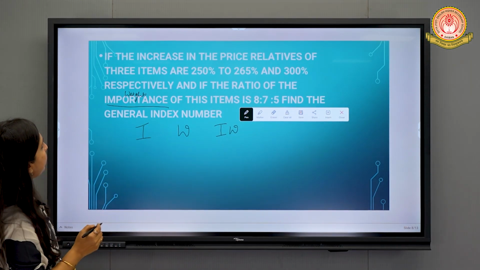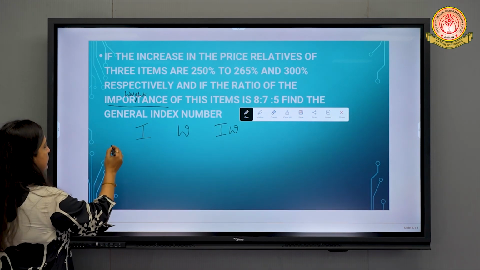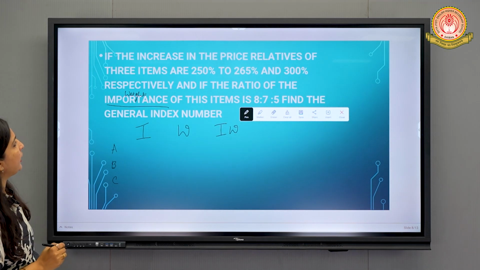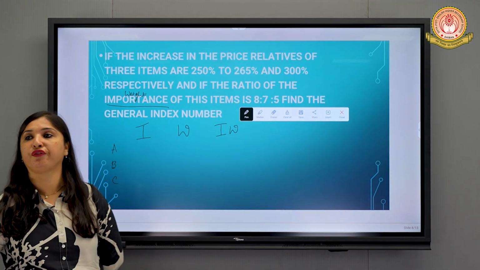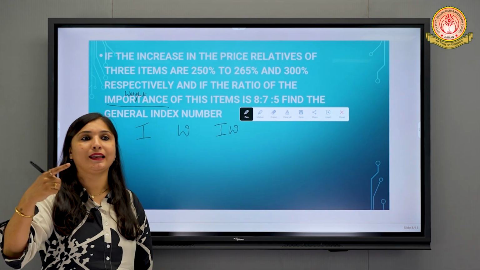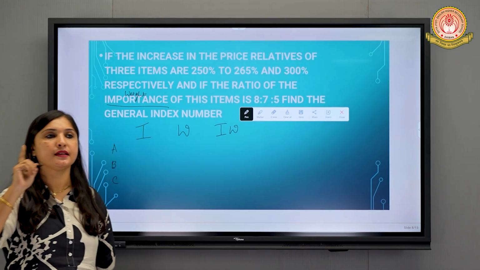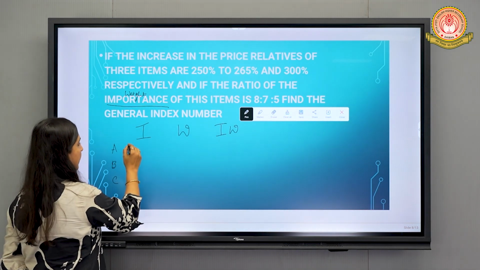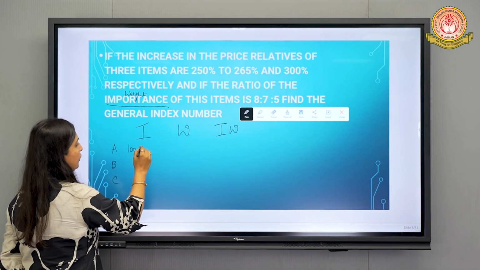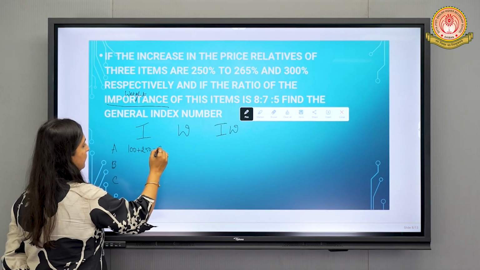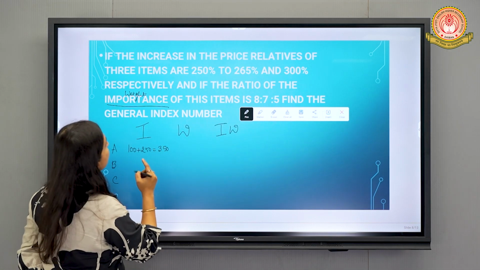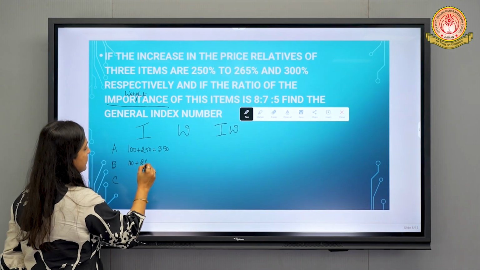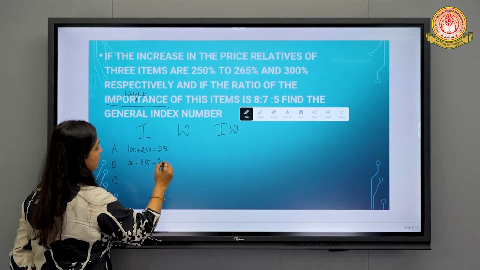We have how many items? We have 3 items. Let's name them A, B, C. The first item has increased by 250%. When it is increased by 250%, the original is 100, so it is 100 plus 250, that is 350. The next one has increased 265, so 100 plus 265 will be 365.